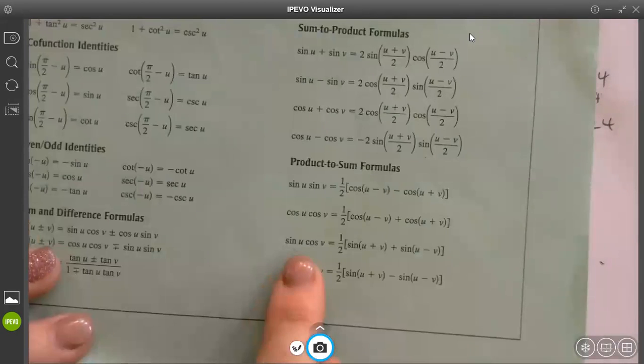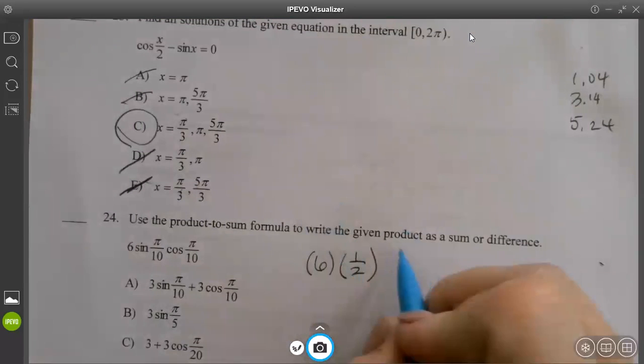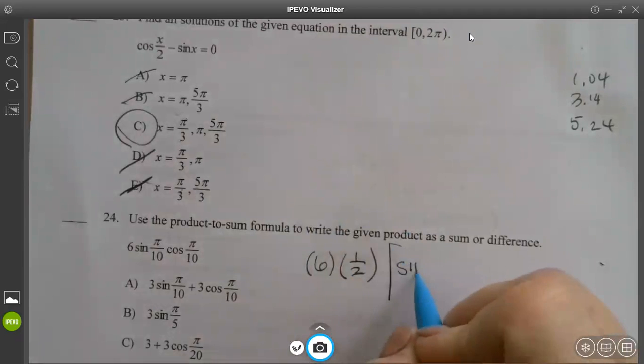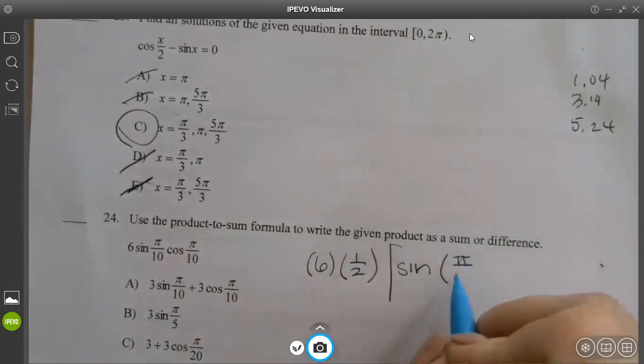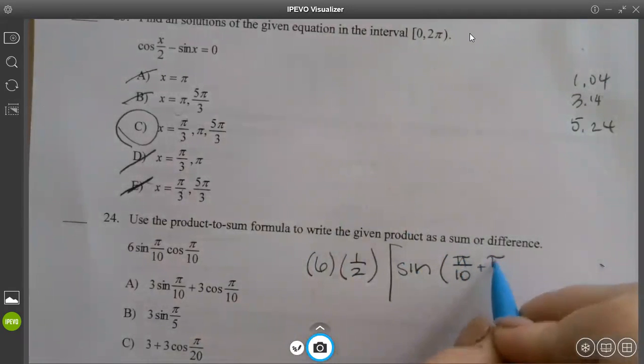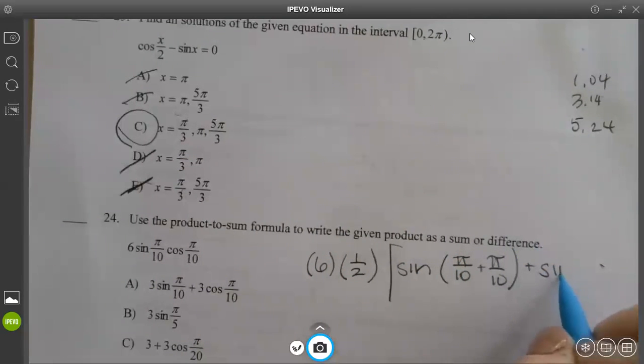We'll go back to my formula, sine cosine 1/2, and then sine u plus v, sine u minus v. What's our u? Can't really screw this one up because what's our v? Plus sine, and you're subtracting them. Pi over 10 minus pi over 10.